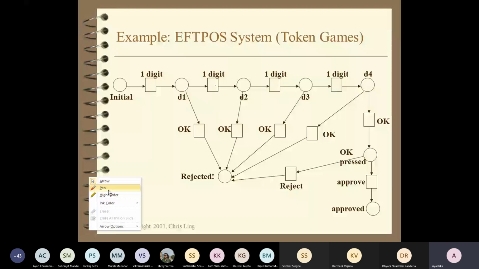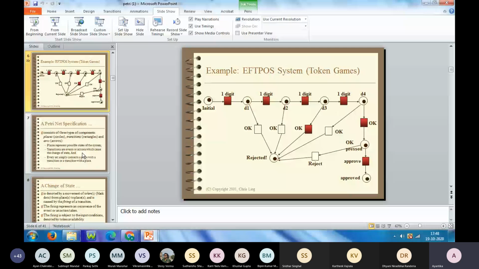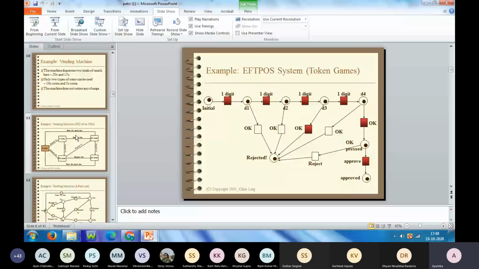Similarly, the third, the fourth, then OK, and if it is approved, it goes to this path. So this is how the state of your token changes based on the intermediate transition conditions. This way you can represent your specification with this Petri net scenario. Now there are a few more examples.